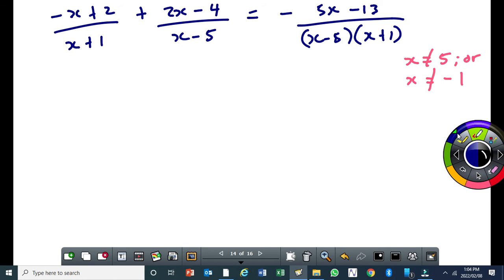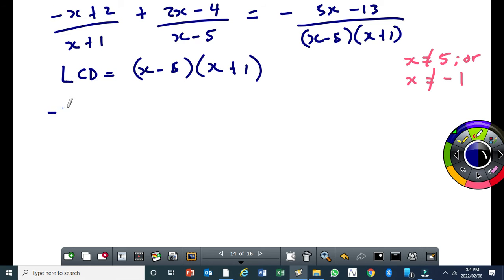Right, so our LCD is x minus 5 times x plus 1. Now, to carry on, after finding the LCD, you should be very happy to find it. Start smiling. So we multiply the denominator by x minus 5, the numerator by x minus 5.